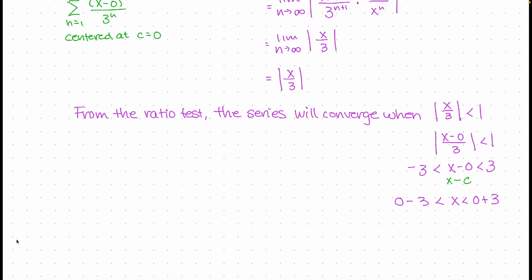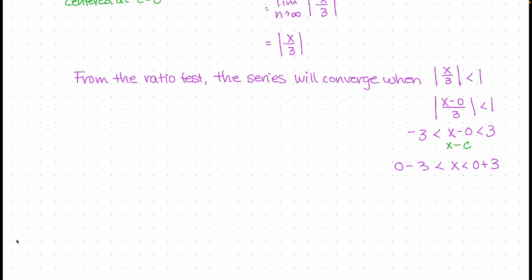So we can say that the radius of convergence is 3. So as long as we're 3 units away from c, in this case 0, the series will converge. So any questions so far?